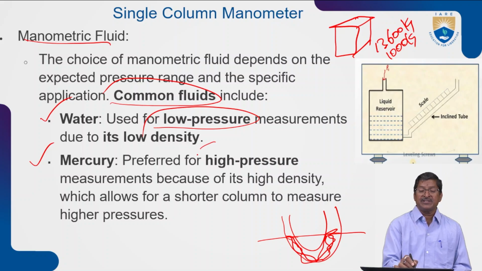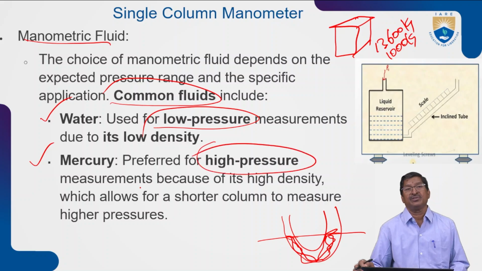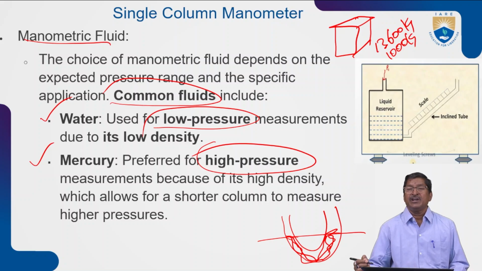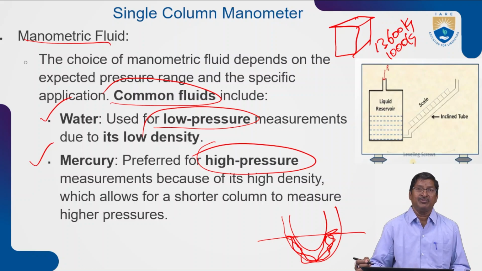Or if higher pressures are there in the pipes, then you cannot use water, because it can be used only for low pressures because it is low density. So mercury, whenever you want to measure the fluids at higher pressures, then mercury will be utilized so that you can observe the higher pressures. So mercury will be used as a fluid in the U-tube.